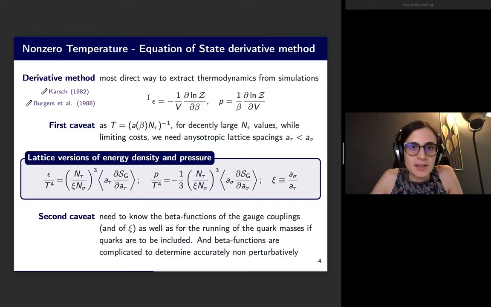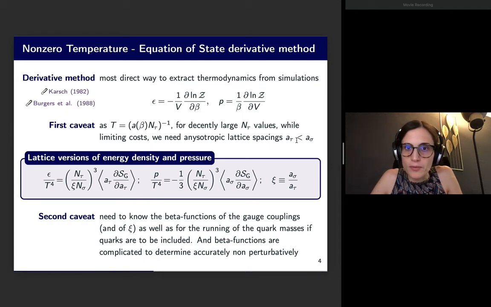However, there is a caveat to employing this derivative method. And the caveat stands in the fact that we know the relation between T and n-tau and the lattice spacing. And for decently large values of n-tau, if we want to still limit the costs in our simulation, the only way is to resort to anisotropic lattice spacings.